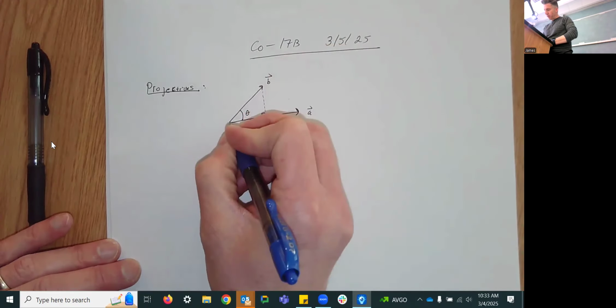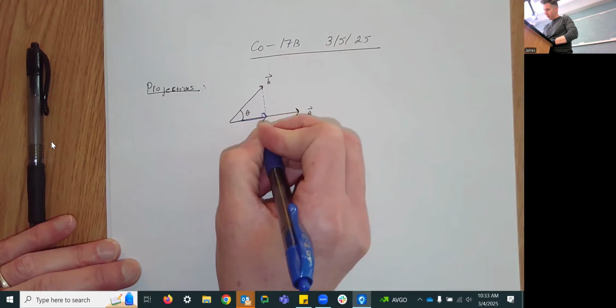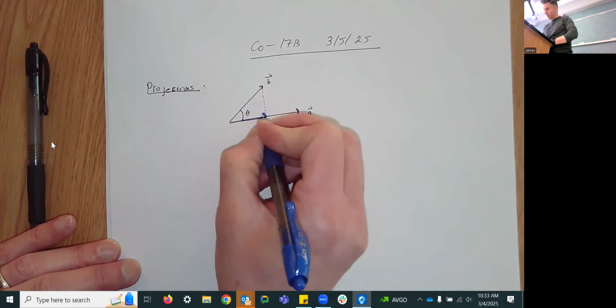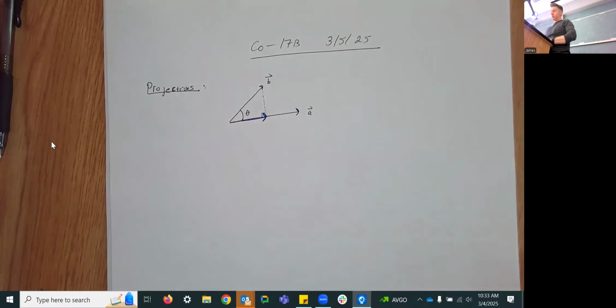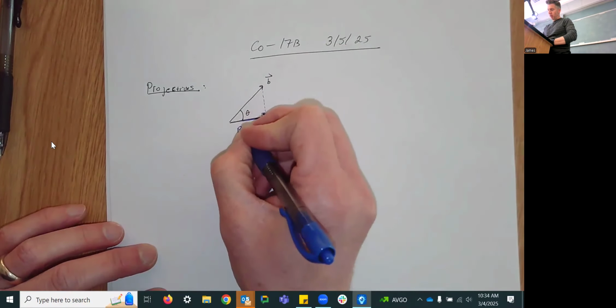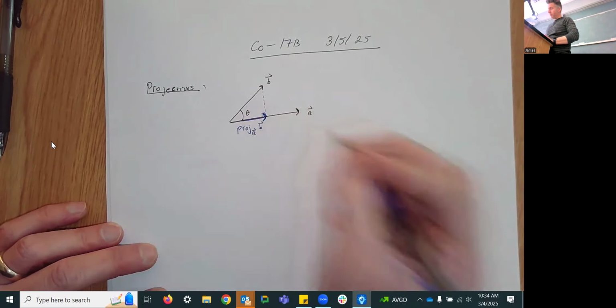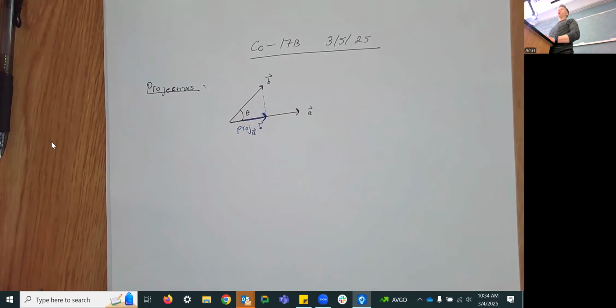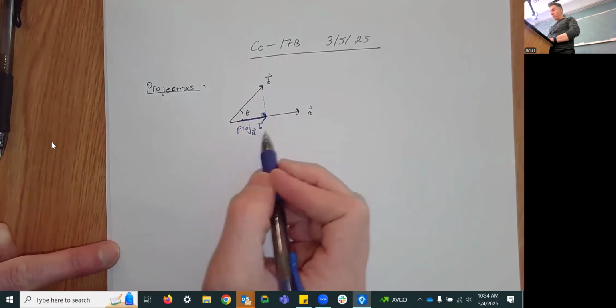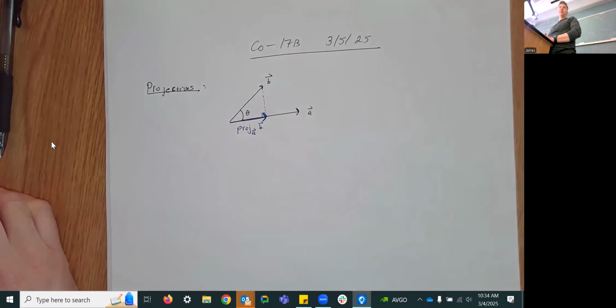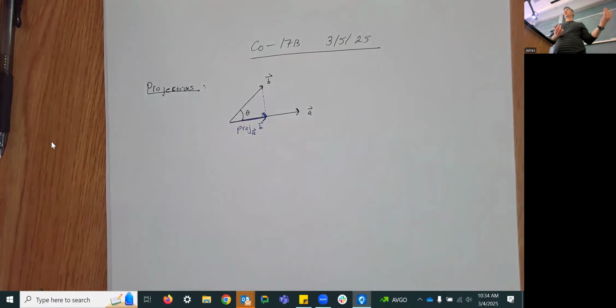So this vector here that I'm drawing is the projection of B onto A, which we usually write as proj, subscript A, of the vector B. So the vector that's getting projected onto is the one that looks like it's lower in the notation. This is the projection of B onto A. That's why B looks like it's above A. And the way we're going to find this projection is by finding first its length, then its direction, because that's all you need for a vector, a length and a direction.